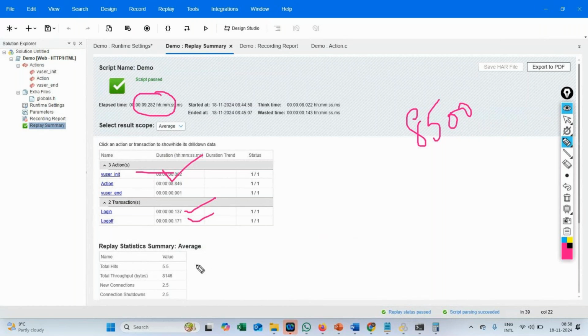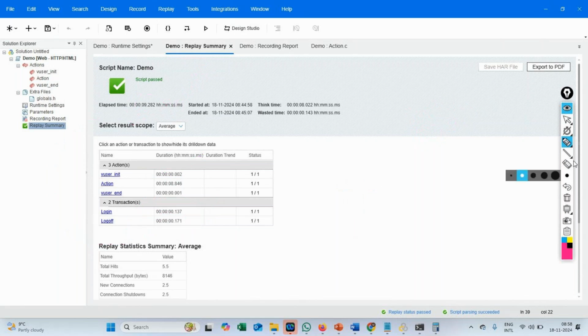Now, when I'm running the load test, let's say for some XYZ reason, login is taking 7 seconds instead of 1 second. Because I calculated pacing assuming it would be something like this, and the script execution time would be something like this. But when I'm actually running the load test, these times increased, which automatically had impact here, and this will automatically have impact on the overall target that we need to achieve.